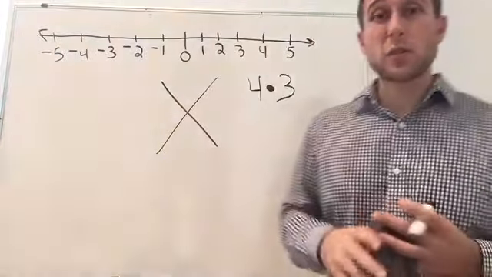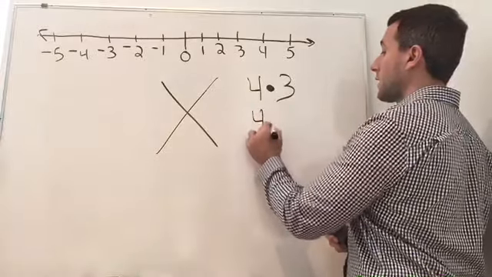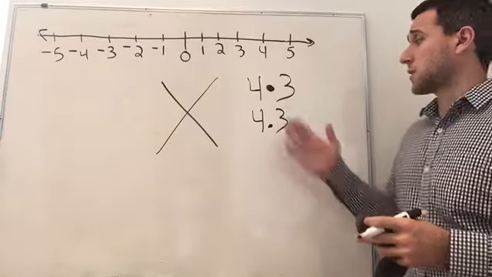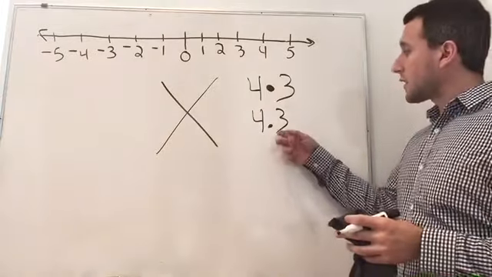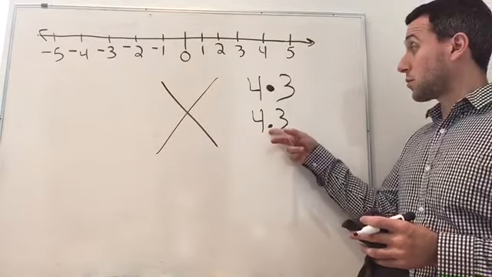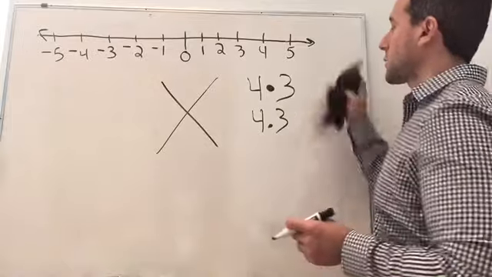Now this isn't the best way to do it because of a very simple thing that you could see here. I have 4 and I have 3, and I just put a dot in between. Because I'm going fast and I'm messing around, this now looks like 4.3, 4 and 3/10, 4 decimal point 3. So we're going to avoid the dot whenever possible, particularly as we move on.